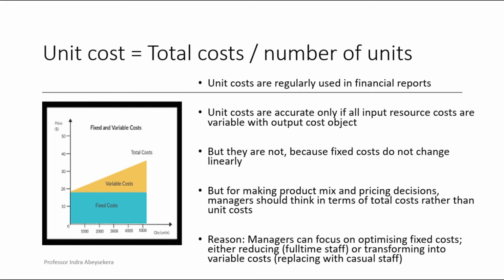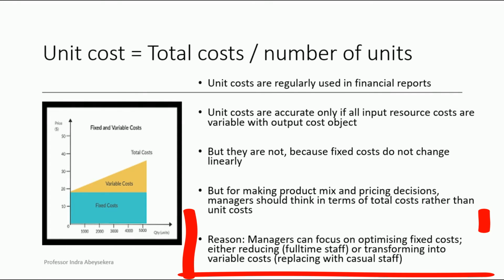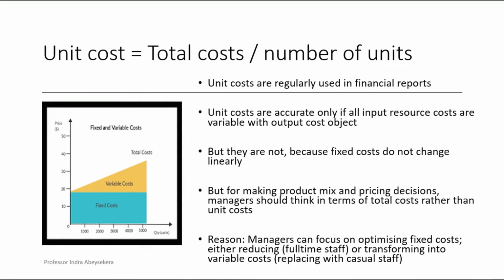The answer to this is, managers should focus on the total cost, because if they focus on the unit cost only, then they will not pay too much attention to fixed costs, assuming fixed costs as given, and they may not look at ways of decreasing fixed costs, which should be done because it has to decrease over the longer period.